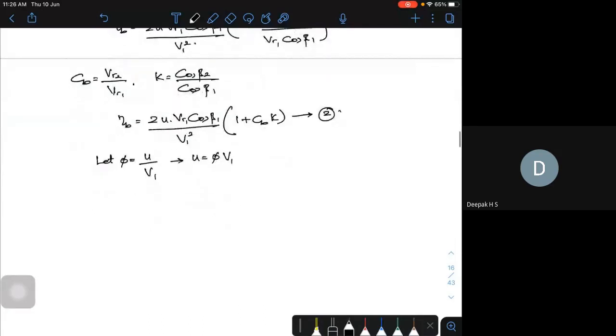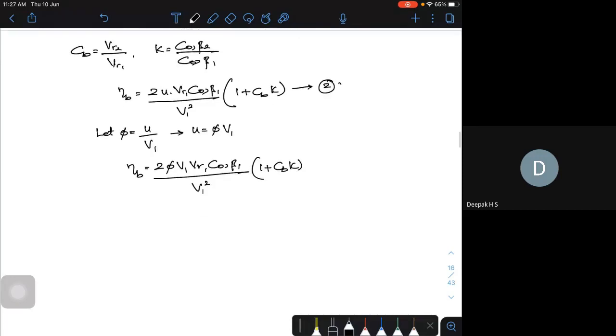Therefore, your blade efficiency is equal to 2 phi V1 into VR1 cos beta 1, divided by V1 square into 1 plus CB into K. One of the V1 and V1 square cancel out.